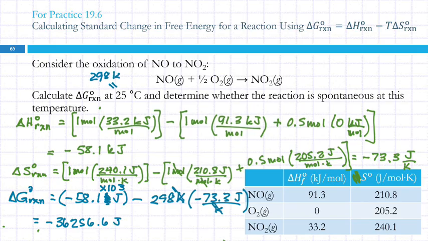And that's what my calculator is giving me. Is joule the best unit for that big, big number? No. So if we put it in kilojoules, that's negative 36.3 kilojoules. Any questions?